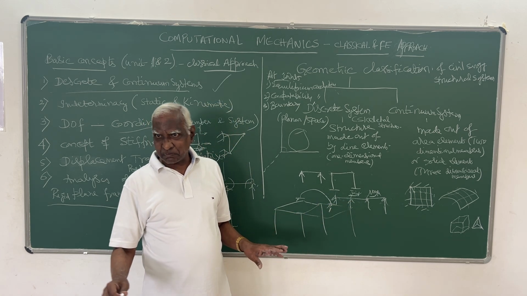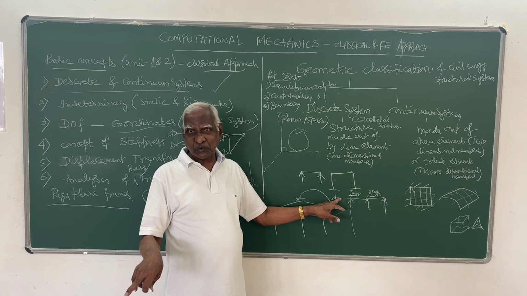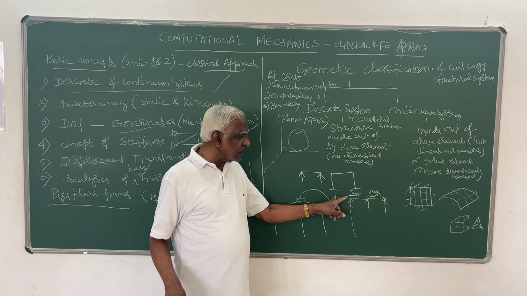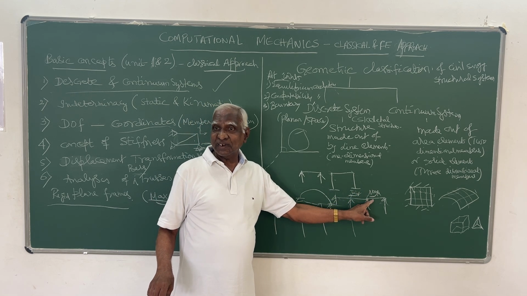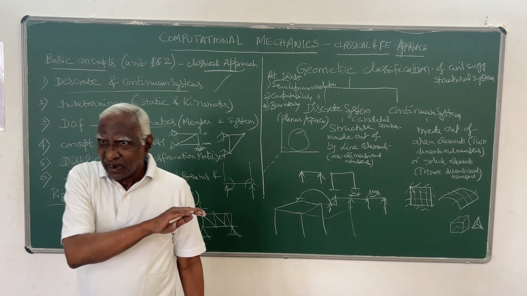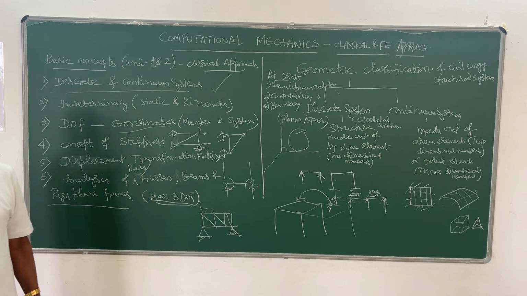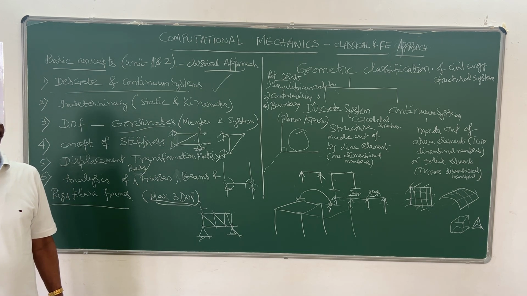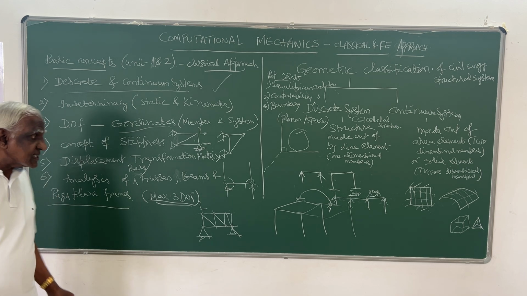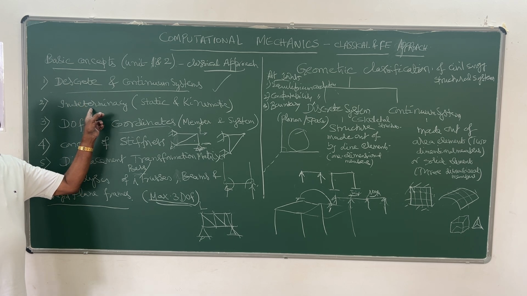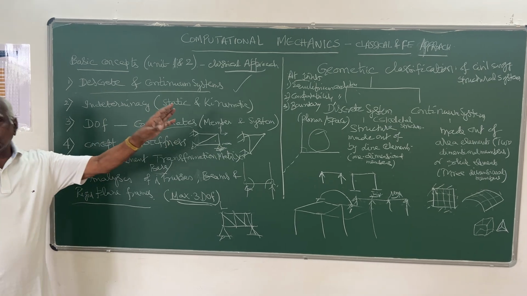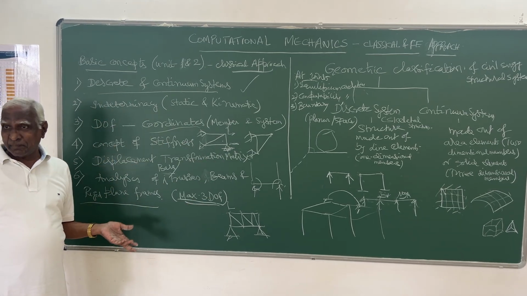If you consider displacements, we have to determine displacements also during analysis at each joint. So whatever unknown displacement, the unknown displacement is only rotation, rotation, rotation. So that is kinematics. At each joint, we have to determine the effect of unknown forces as well as unknown displacements. What are the forces which we have to determine at each joint? That is called static number of unknown forces, because it pertains to statics. And number of unknown displacements is called kinematic.